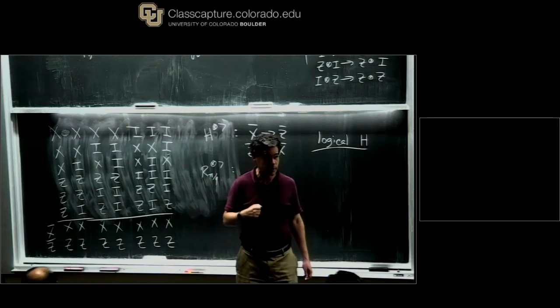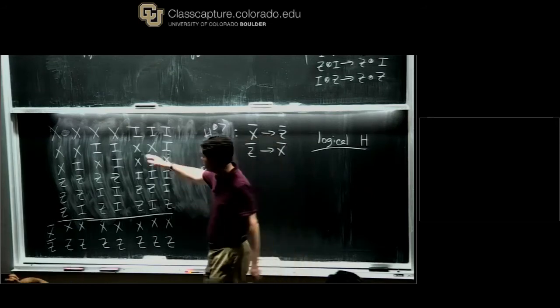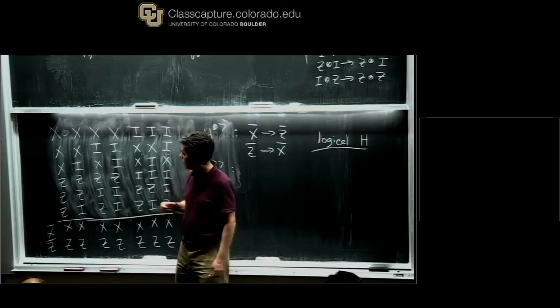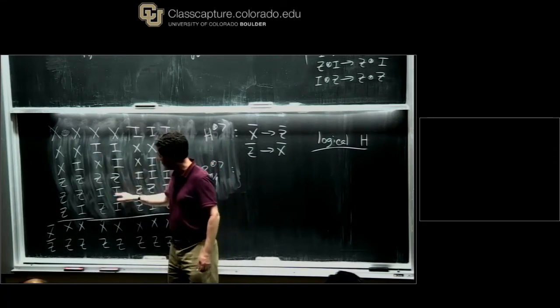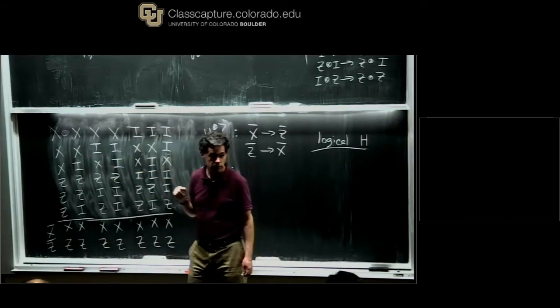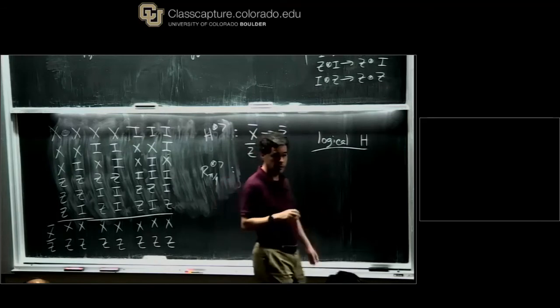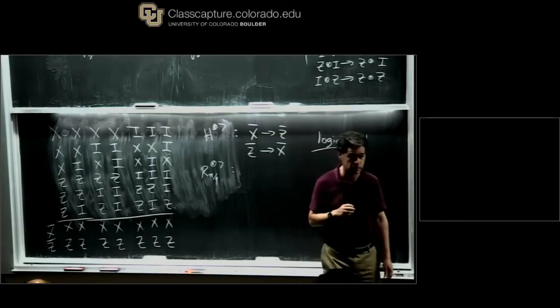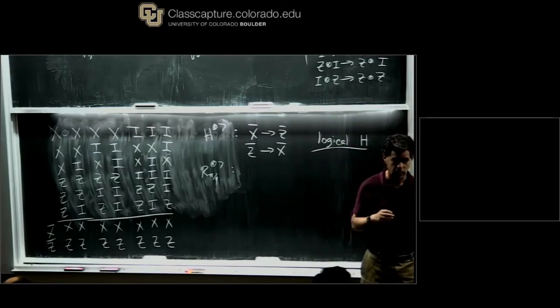Now, is that in the stabilizer? Well, yes, it is. Because if you take the product of this and this, you get y, y, y, y. And similarly, this times this is y, y, and then y, y here. And so on. Okay? So this is also a valid transversal gate.